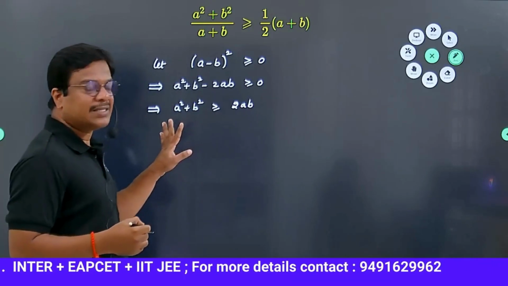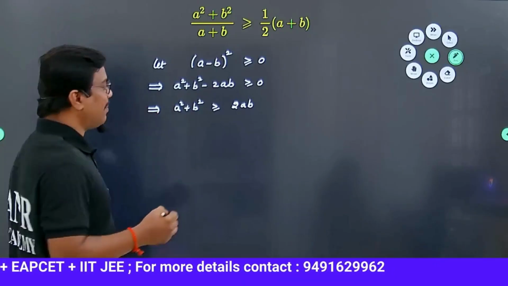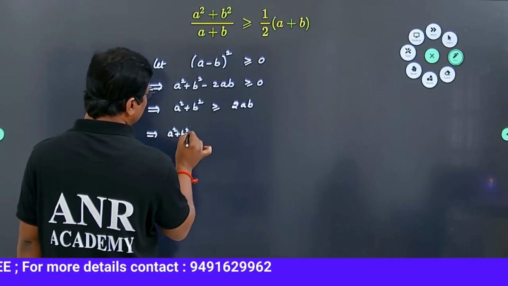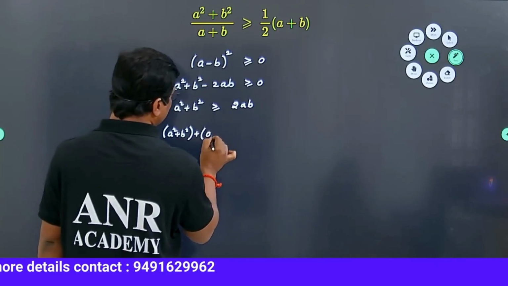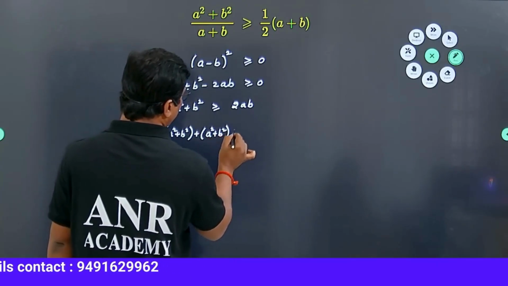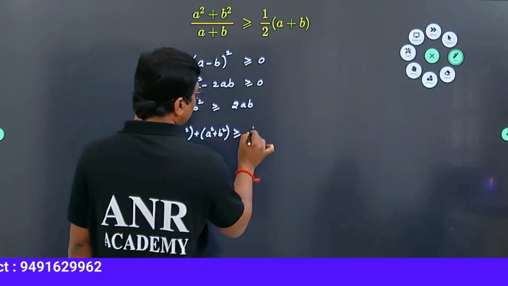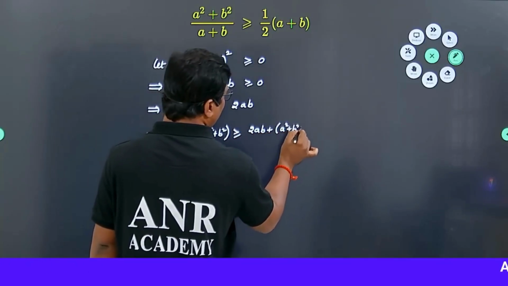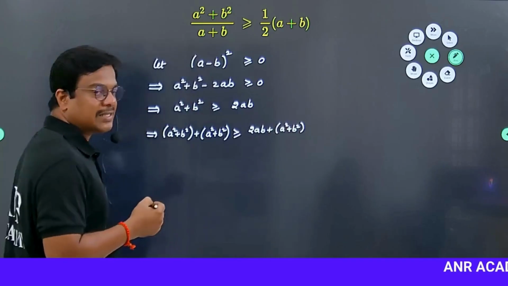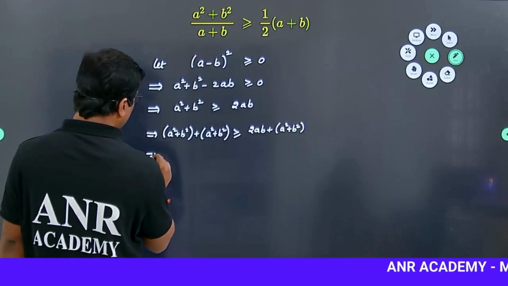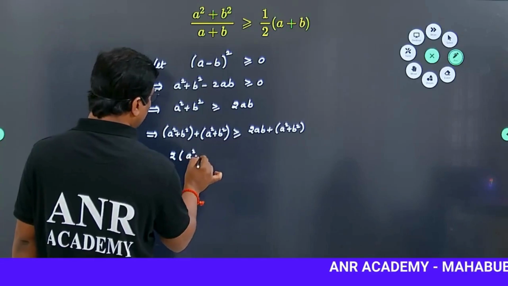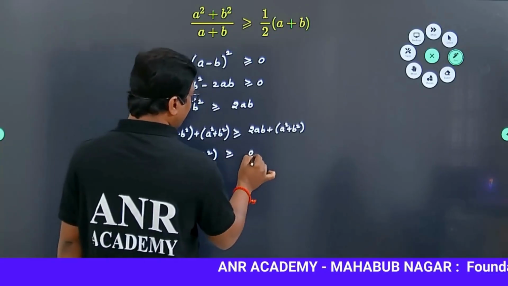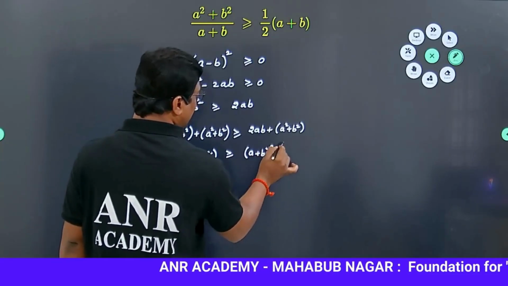Next, on both the sides I am going to add a² plus b². Already you have a² plus b², so the same quantity we are going to add in the right part also. Left hand side becomes 2 times of (a² + b²), which is greater than or equal to (a + b) whole square.